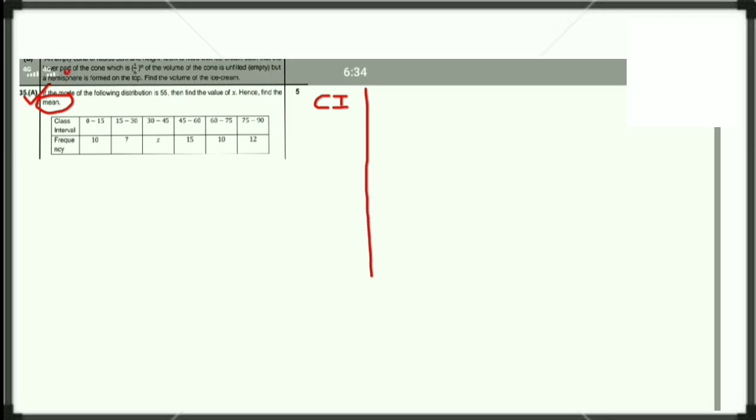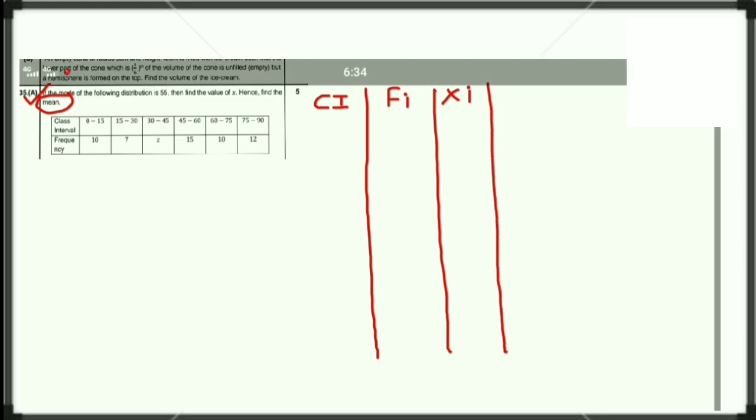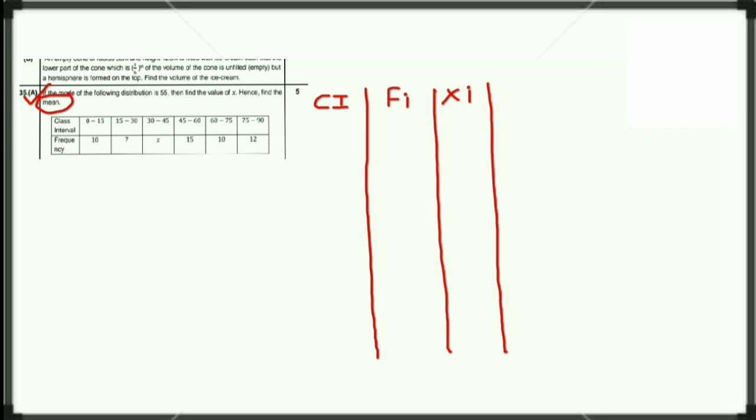In the first column we have to write class interval, and in the second column we need to write frequency denoted by Fi, and in the third column we have to write class mark denoted by Xi, and in the fourth column we have to write Fi Xi.